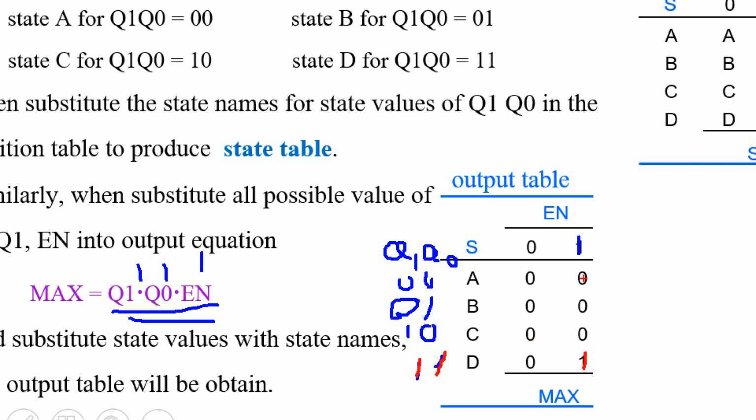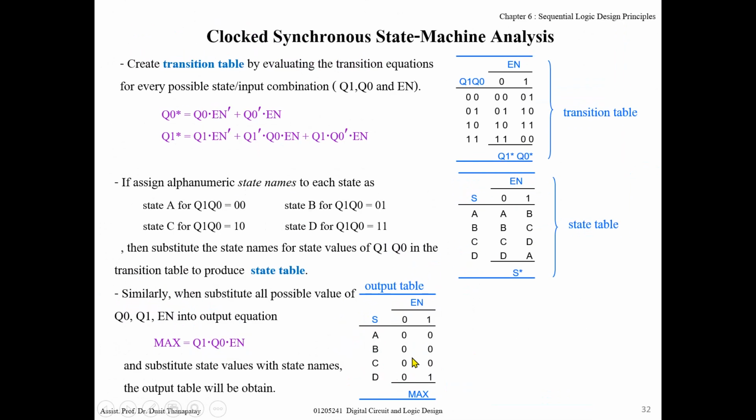Another result is 0. After that, we just change the state in binary to the state names A, B, C, D. That's all. This is the output table. So this is the result that you should obtain after doing the analysis.